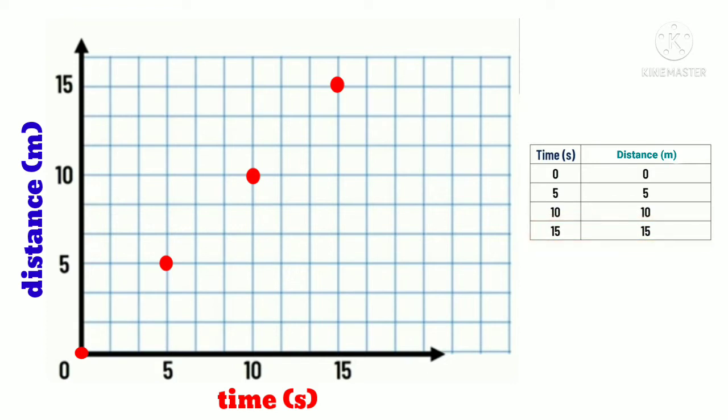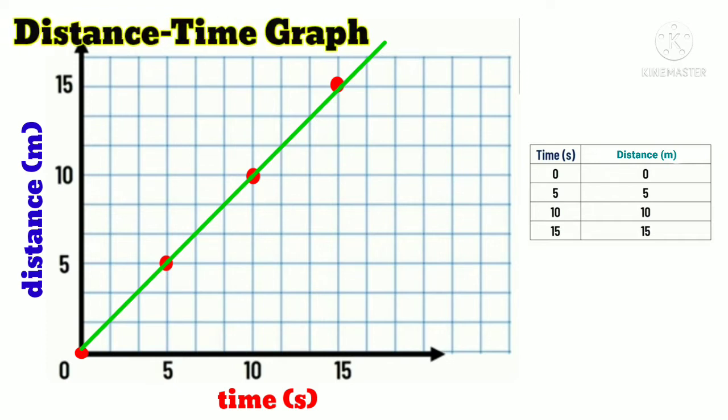After plotting all the data, draw a line through the dots or points on the graph. Now, you created a graphic representation of the motion of the ball. The graph you created is an example of a distance-time graph. We can use this graph to describe the distance of the object at a given time.